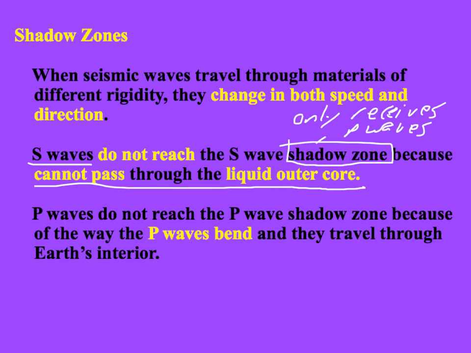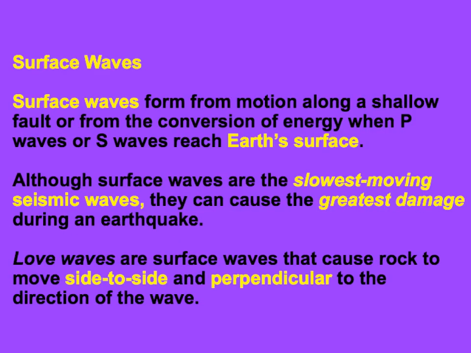And the P waves also have a little shadow zone because of the bending of the waves as they go through Earth's interior. So what happens is some parts of the Earth are more solid than others, and so as the speed of the wave changes, it bends a little bit. All right, we'll get back to the shadow zones in a little bit. We'll see another really good diagram of those.